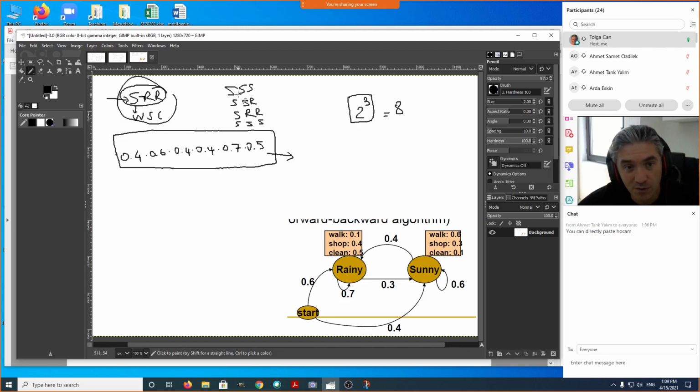And for all those specific ones, I can compute a probability like this. And the maximum out of these 8 cases will give me my most intelligent guess of what those three weather conditions in these 3 days are.